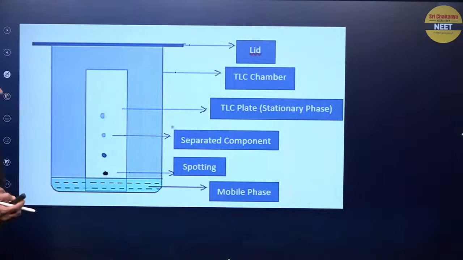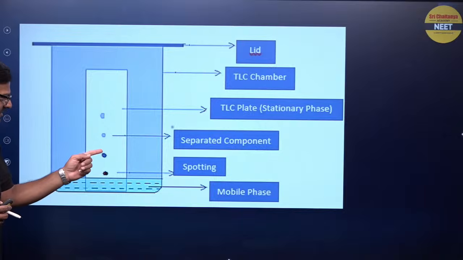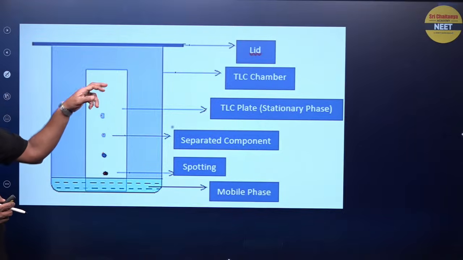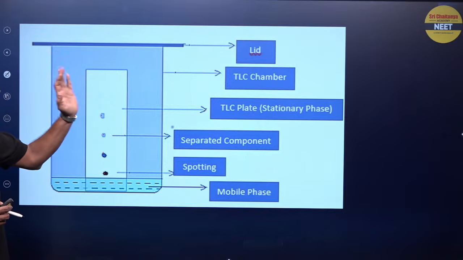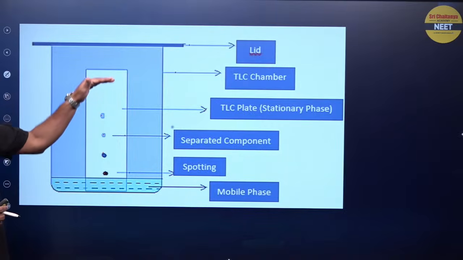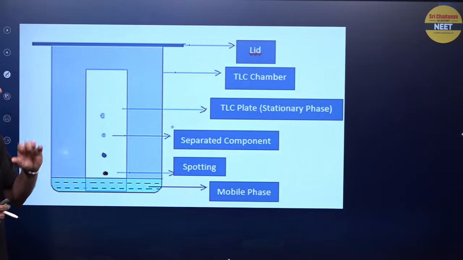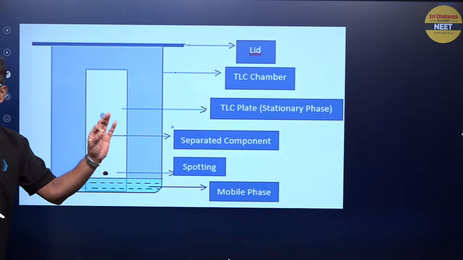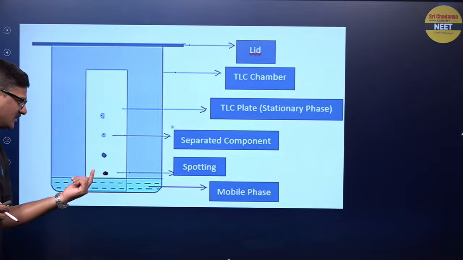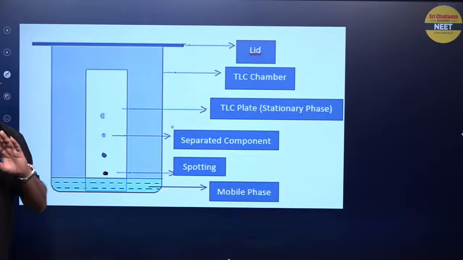This is chromatography: the spot is made here, and different compounds are separated up to here. This is the TLC chamber, this is your mobile phase, and this is your stationary phase. The TLC plate itself is the stationary phase, and the liquid moving up is the mobile phase.